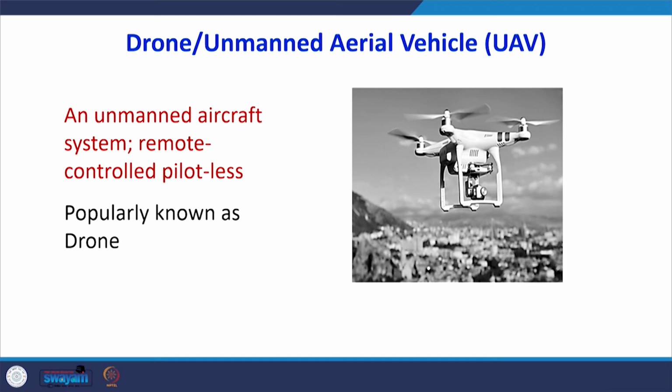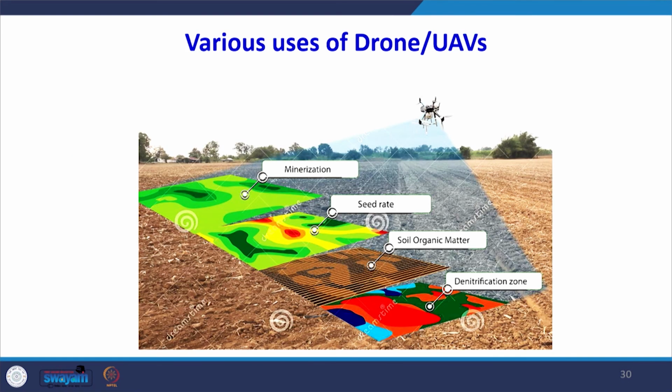The next one is the drone, the unmanned aerial vehicle, and you are collecting the data for very large scale mapping. If it is required, then you can collect this data for various applications, whether we are talking of agriculture, whether we want to identify different minerals, or we want to find out the organic matter in the soil.